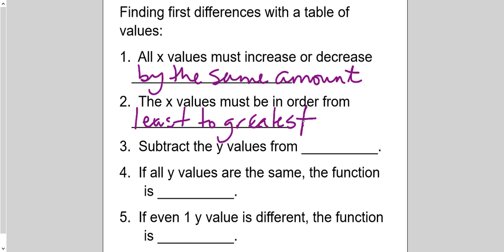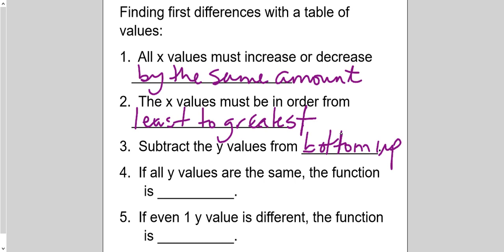We want to make sure that when we're subtracting our y values, we subtract from the bottom up, and that'll become more important as we start pulling everything together. I know you can probably look at it from the top to the bottom, but trust me, you want to go bottom up. It's going to be important when tying this in with our slope.